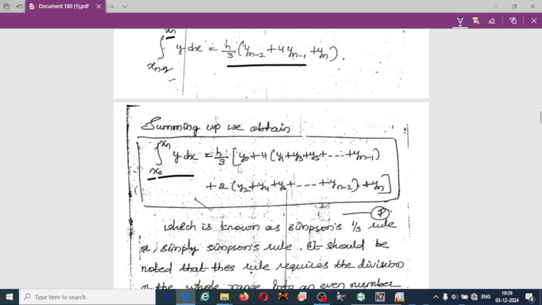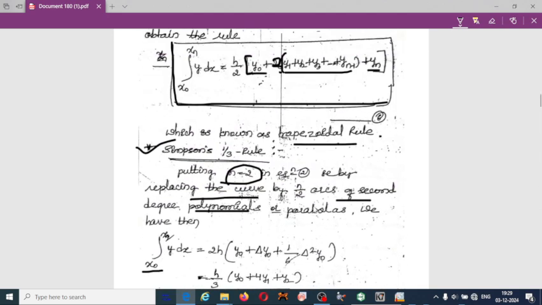h by 3 times y0 plus 4 into (y1 plus y3 plus y5 up to yn minus 1). Here you should multiply by 2 for even terms, y2 to yn minus 2, and for odd terms multiply by 4, y1 to yn minus 1, and here y0 and yn you should take outside the bracket.